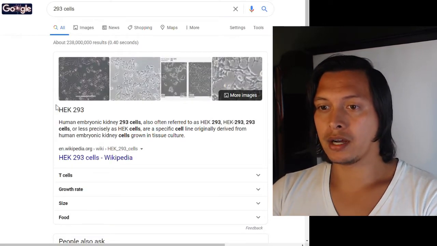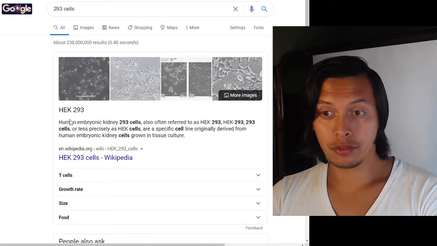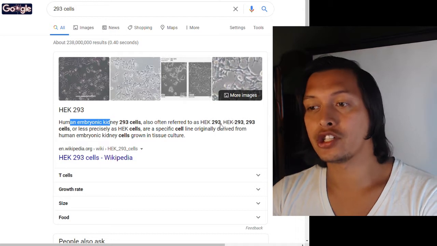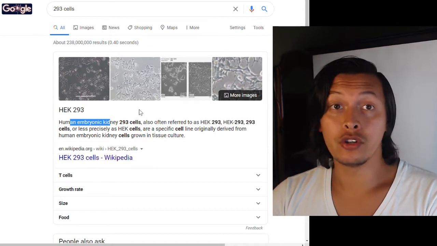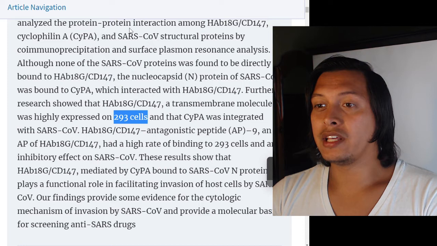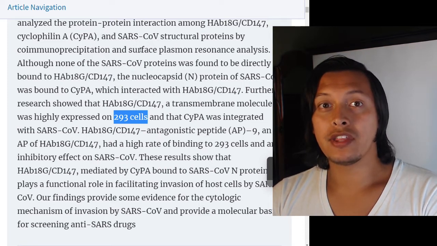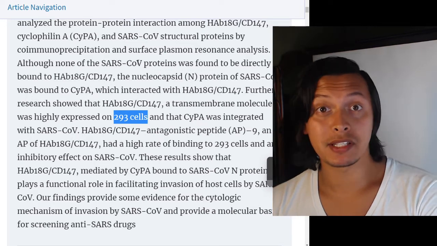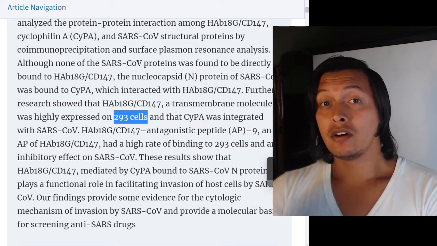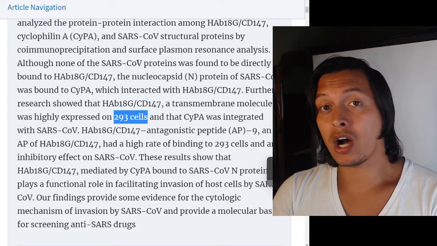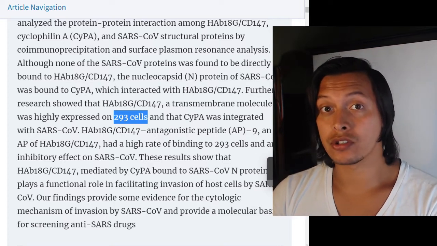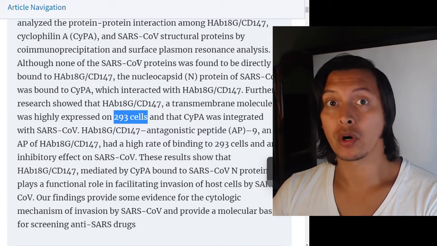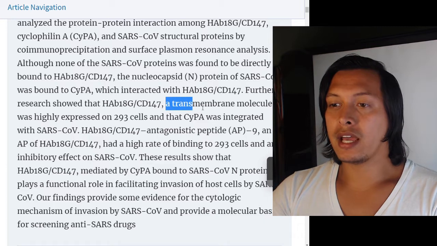Also known as HEK293, these are human embryonic kidney cells, and they're also referred to as 293 cells. They are a cultured cell. Remember, it's sometimes really expensive to do experiments on organs and people. So oftentimes you will use cell cultures to run these experiments because there's more reproducibility and you can do more experiments more quickly.